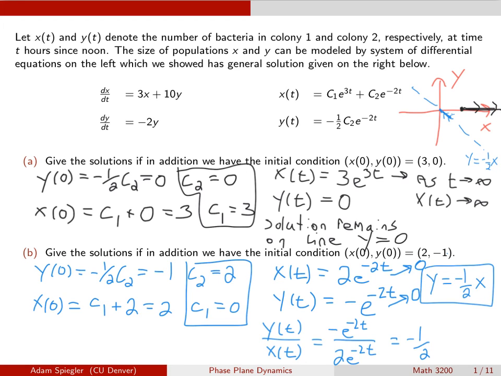If I start at any point on the line y is equal to minus 1/2 x, what we've shown is that the solutions are going to always stay on that line, and in this case, they're moving in towards the origin. So let's use what we know about these two special solutions to get an idea of what all of the solutions might look like in the phase plane.